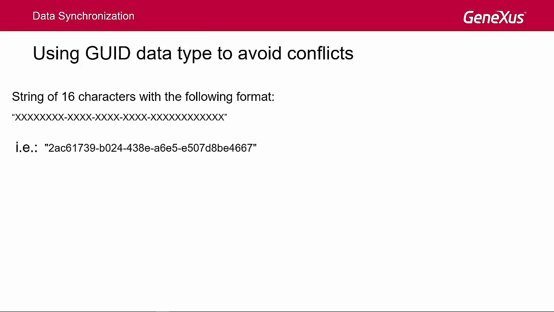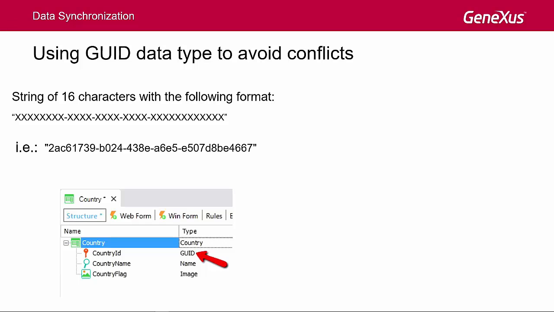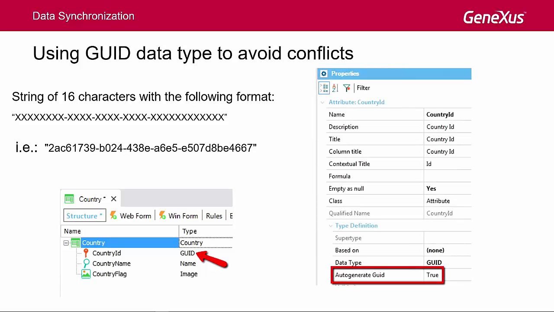In GeneXus, we have a GUID data type to assign to an identifier. With the auto-generate GUID property, we can have it automatically generated. In addition, methods and functions are available to operate with this data type. Its use is recommended in distributed execution environments, such as in smart device applications, where each user can enter data from his or her device.